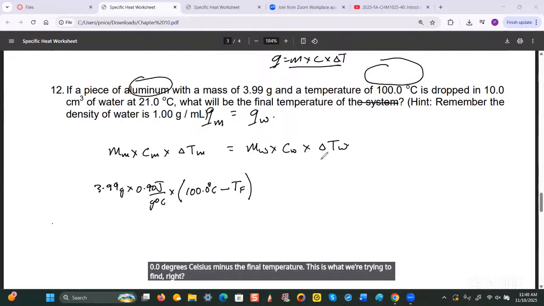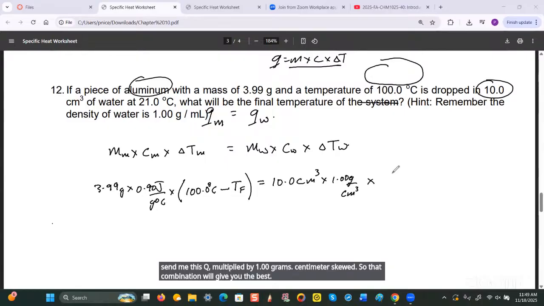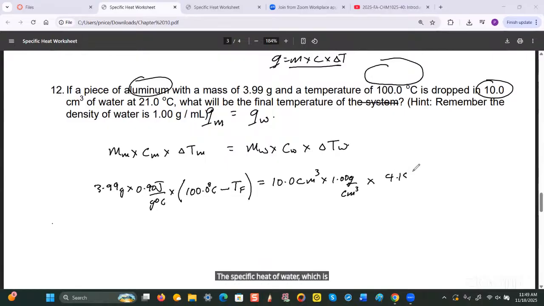Okay, on the left side of the equation now, for the mass of the water, we multiply the density by the volume. So that's 10.0 centimeters cubed multiplied by 1.00 grams per centimeter cubed. That combination gives you the mass, times the specific heat of water, which is 4.18 joules per gram degrees Celsius.